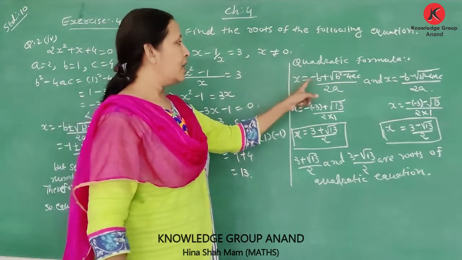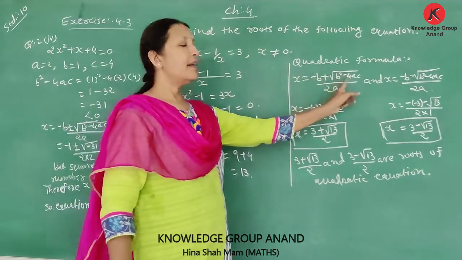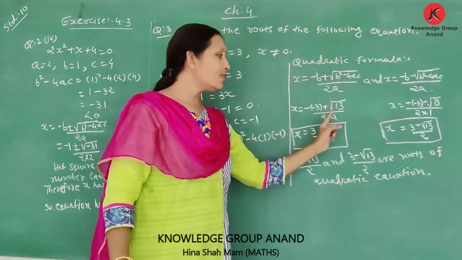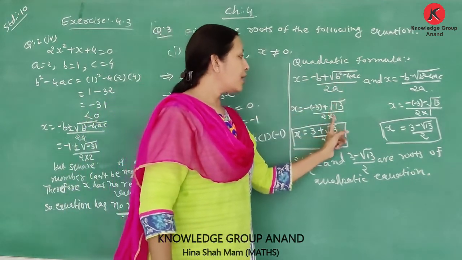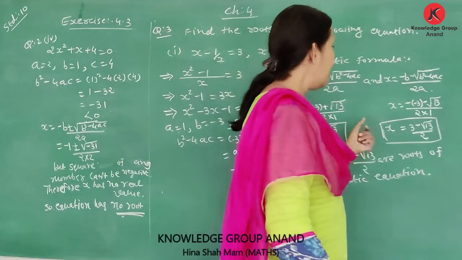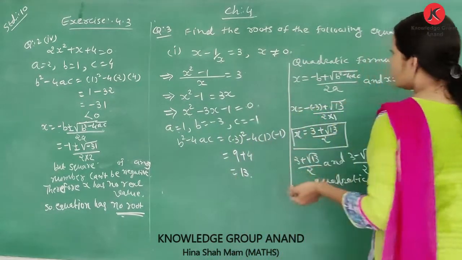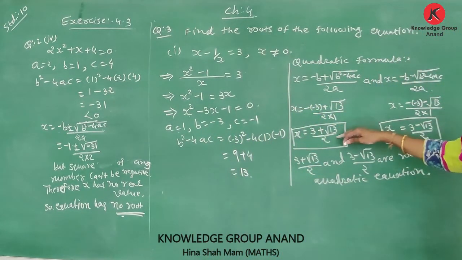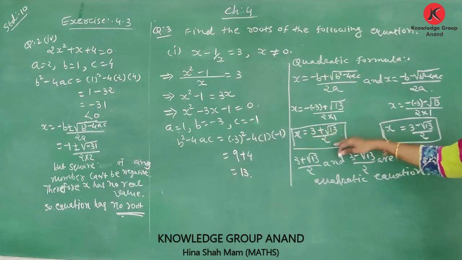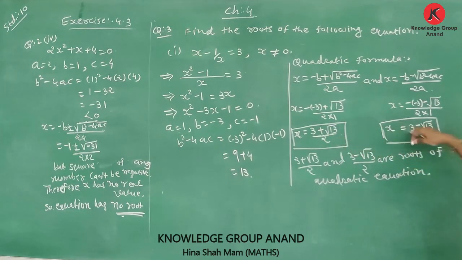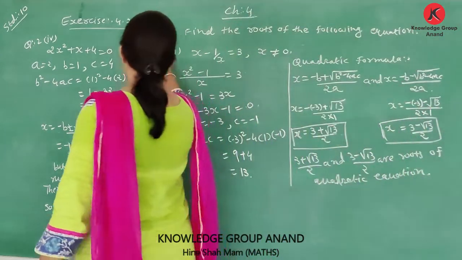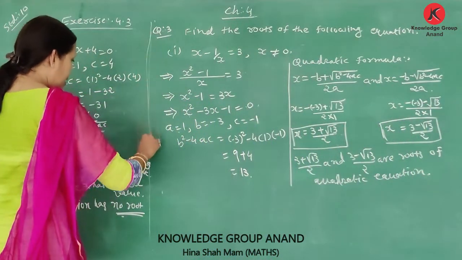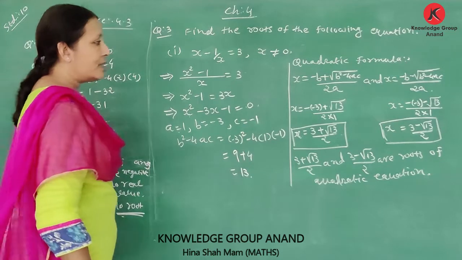Then write the quadratic formula and using the value of minus b and under root b square minus 4ac, we get the roots of the equation: 3 plus root 13 by 2 and 3 minus root 13 by 2. Question number 1 is completed.